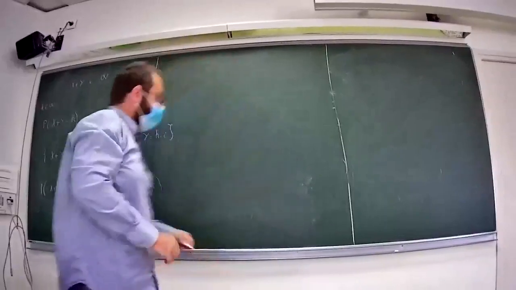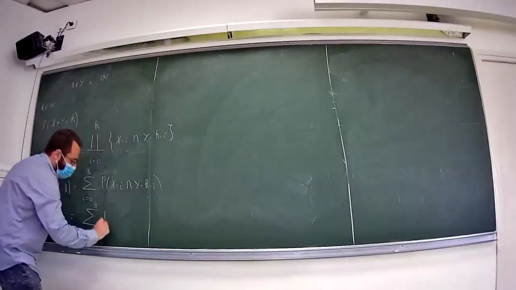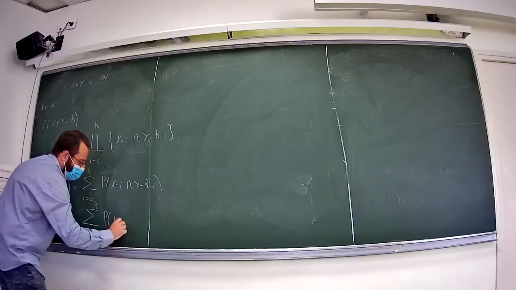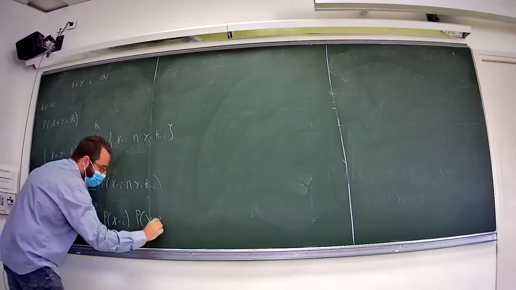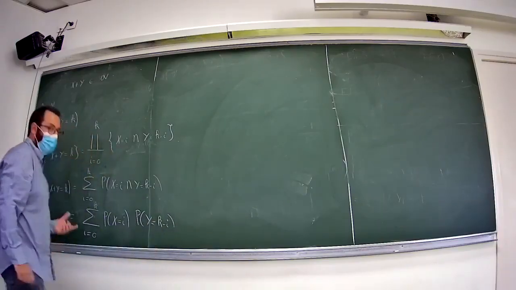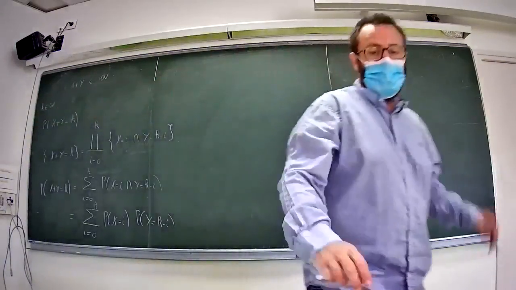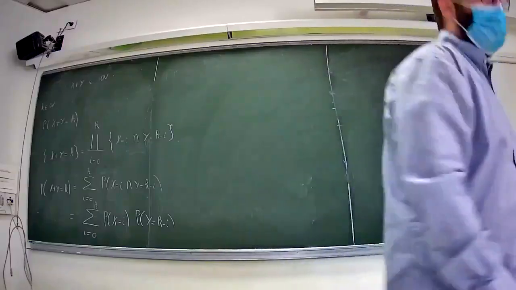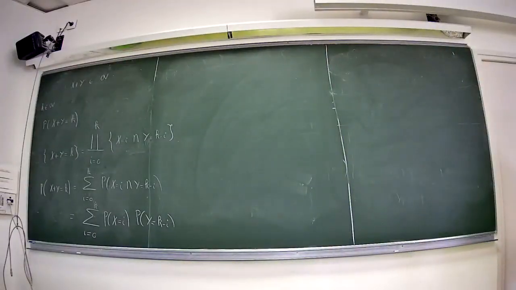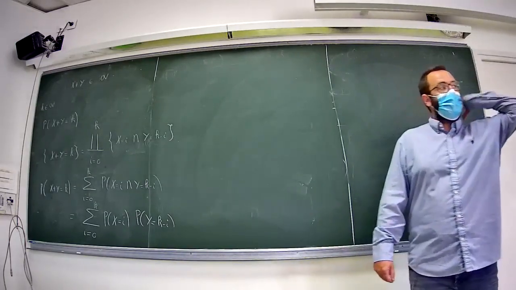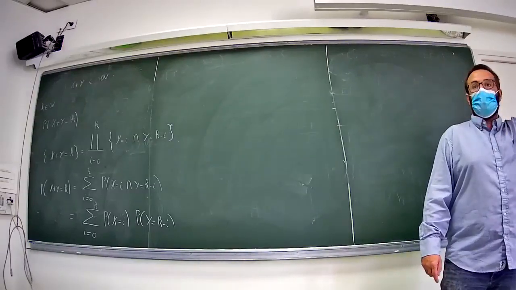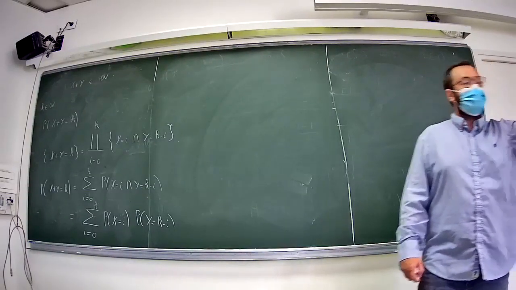The sum from i equal to 0 to k of the probability that x is equal to i, multiplied by the probability that y is equal to k minus i, and to write this equality I use the independence in the statement. So it's here that I use the independence. Now to have the probability mass function of x and y, we are going to use the hypothesis concerning the distribution of x and the distribution of y.